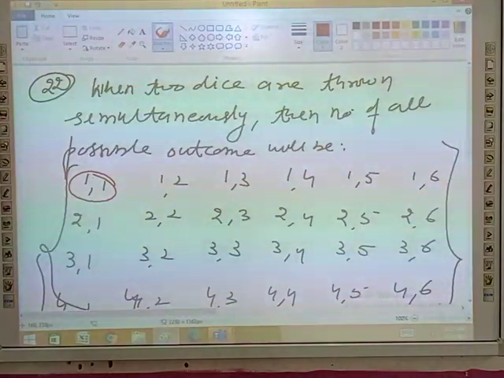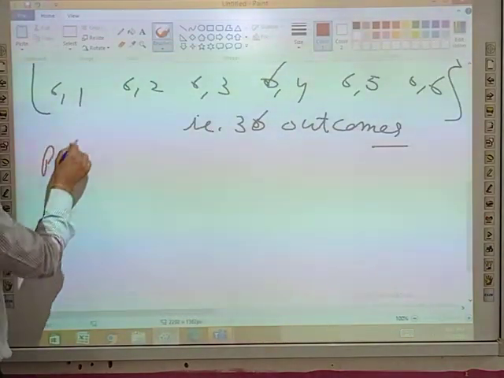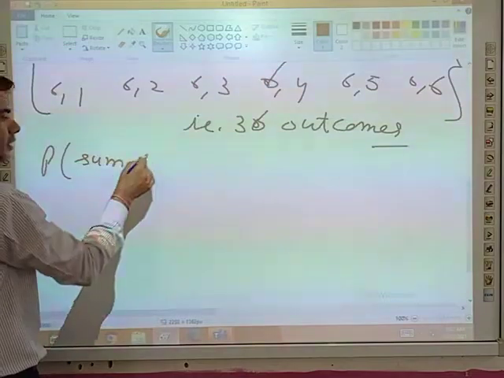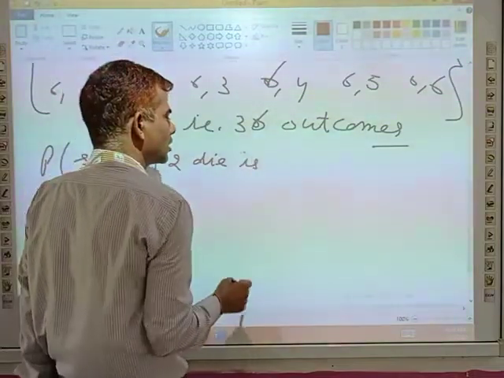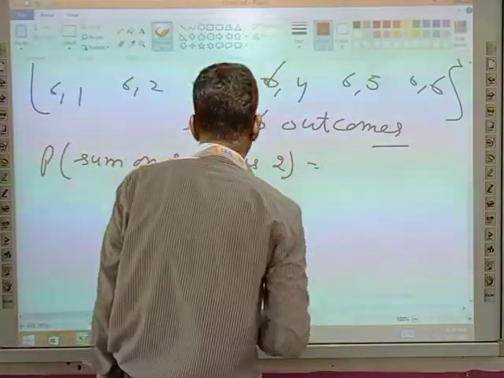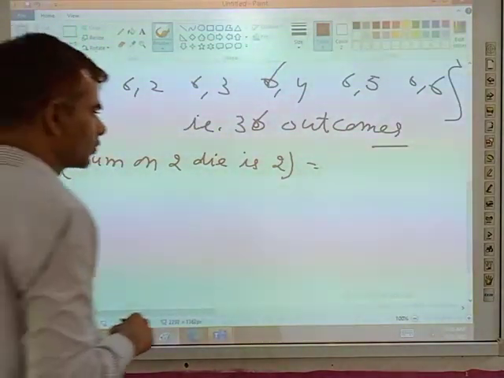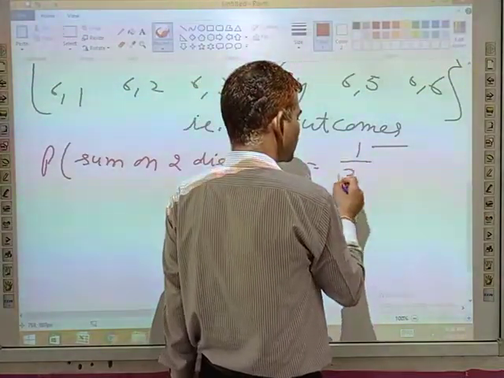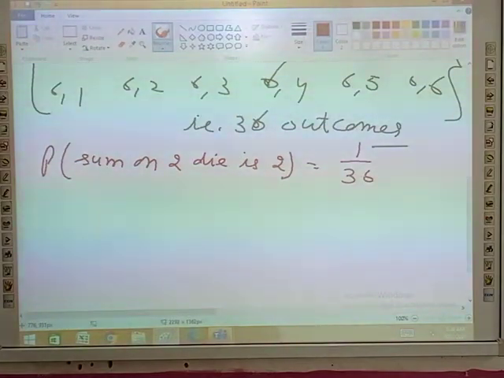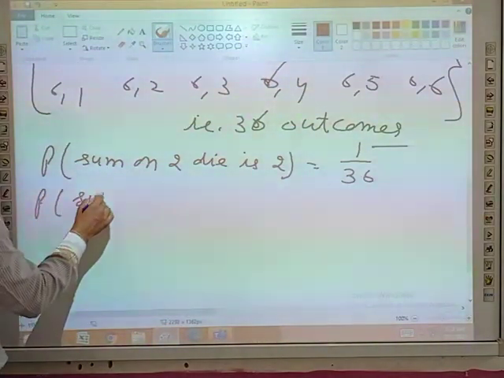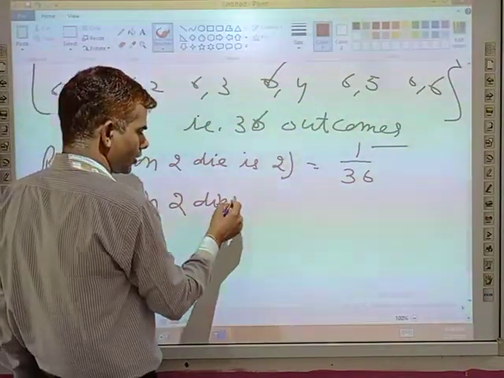The probability that the sum on 2 dice is 2: only one case out of a total of 36, that is 1 by 36. Your next: the sum on 2 dice will be 3.